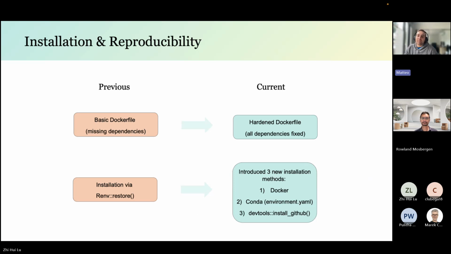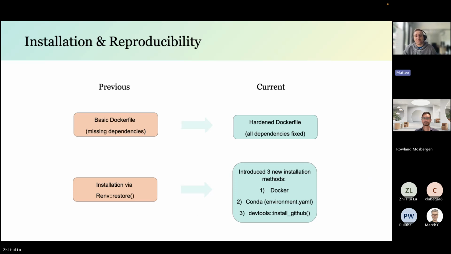Also, as I said before, the only installation method available was through renv, which is prone to break if the user does not have the same R version as listed in the renv.lock file, as some packages might not be available and it would throw an error.